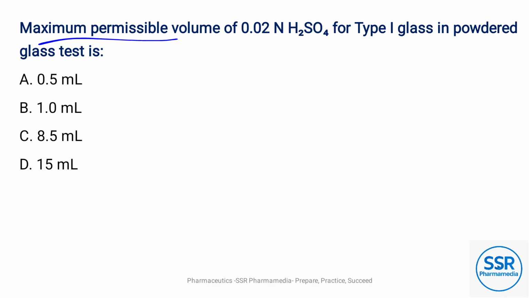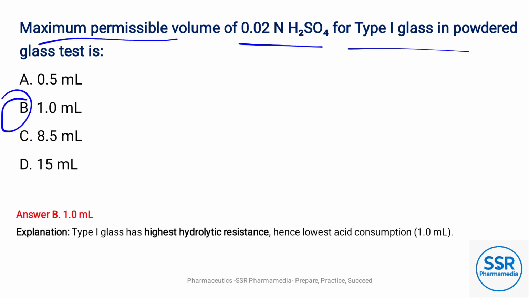The maximum permissible volume of 0.02N H2SO4 for type 1 glass in the powdered glass test is option B, 1 ml. Type 1 glass has the highest hydrolytic resistance, hence the lowest acid consumption.